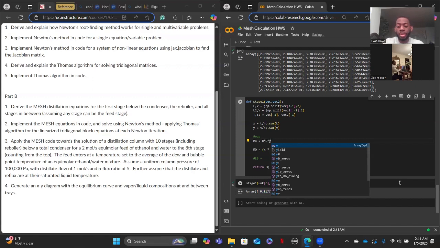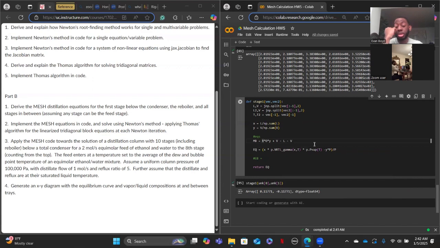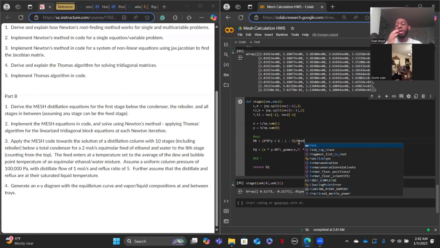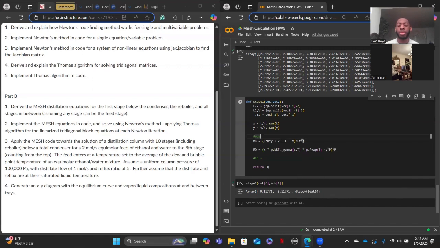We also have the vapor from the stage below coming into our current stage, and leaving our current stage is the liquid at the current stage, then the vapor at the current stage. So this is our mass balance of the overall stage below the condenser, and we will be dividing this by our total feed, the total flow of the distillation column.